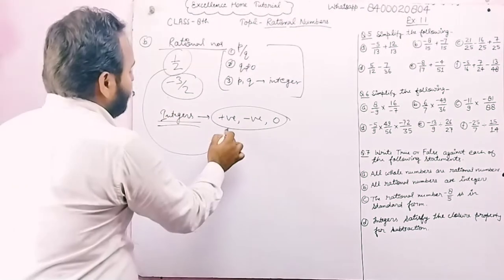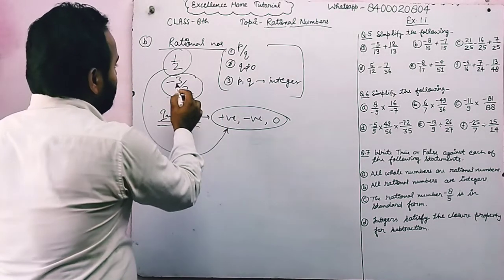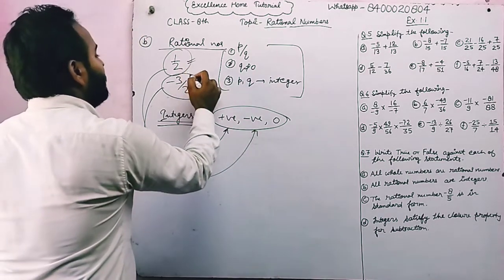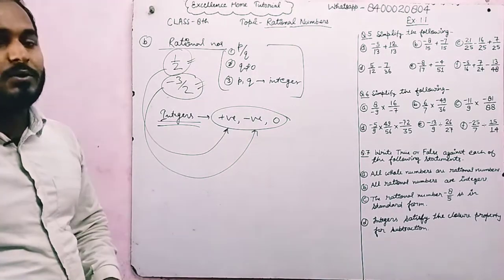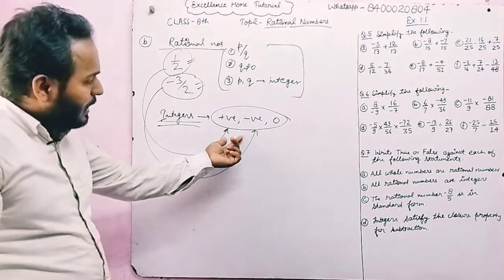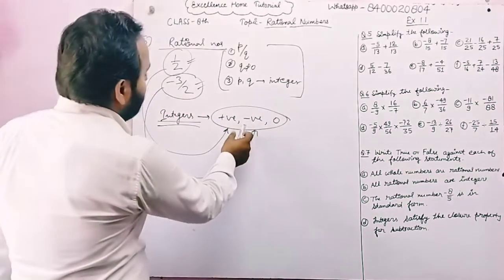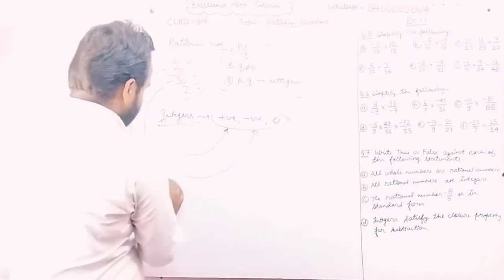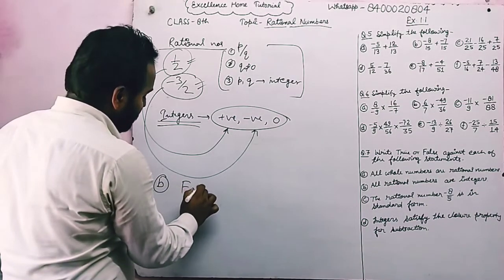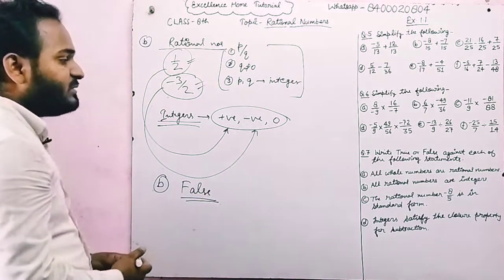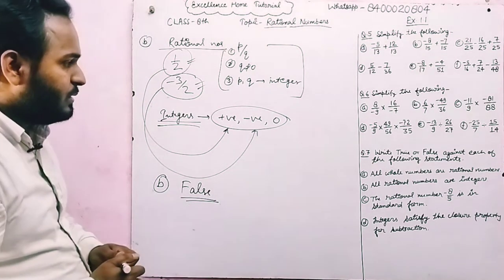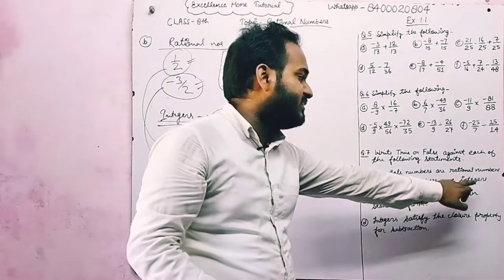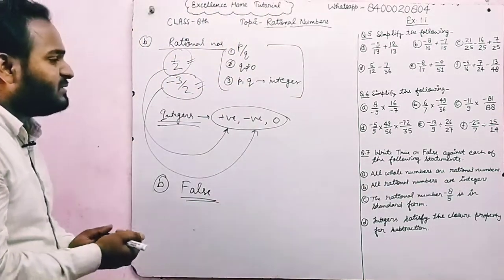But these are not positive numbers, negative numbers or 0, because they are in the form of P by Q. Integers must not be in the form of P by Q. So this statement is false, that is B is false, that is, all rational numbers are not integers. So the statement that all rational numbers are integers is false.